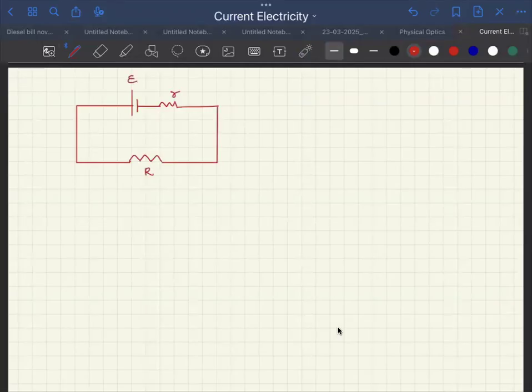This is our picture. Now, what I said, the battery mechanism will drive a current I.